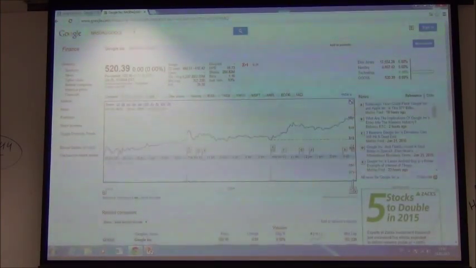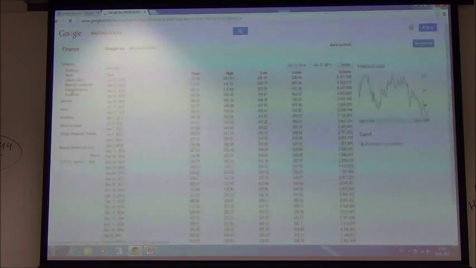Okay, we went to the Google Finance website and entered the company name, and there is a panel on the left, and you can see historical prices. Let's press historical prices. We took the moving averages approach.